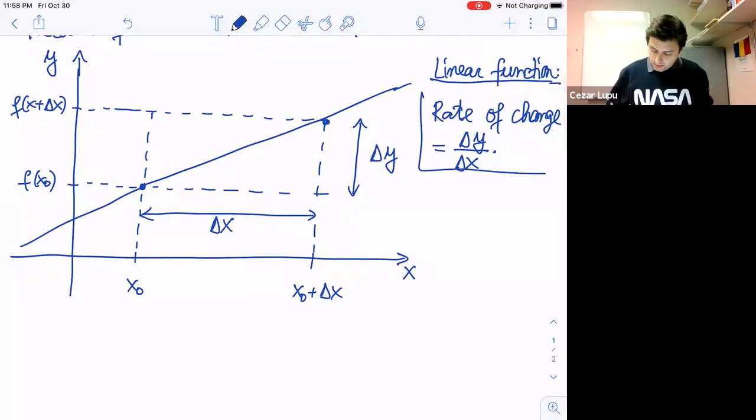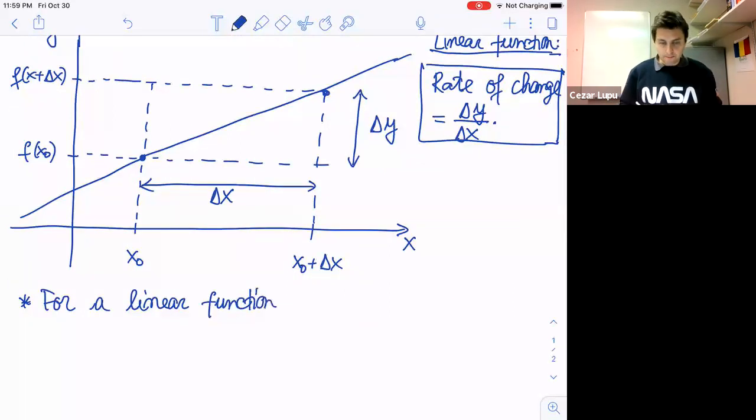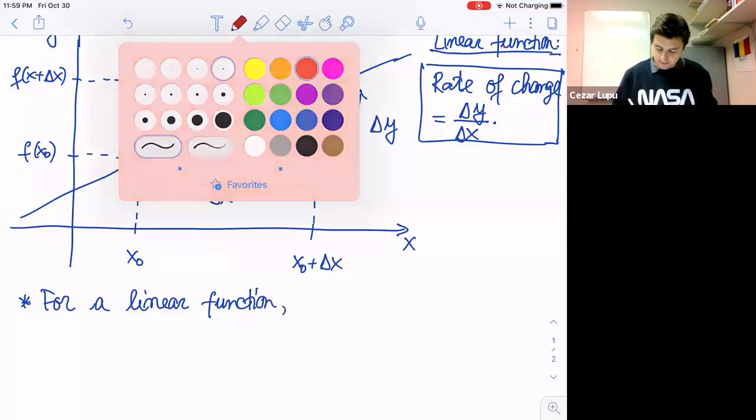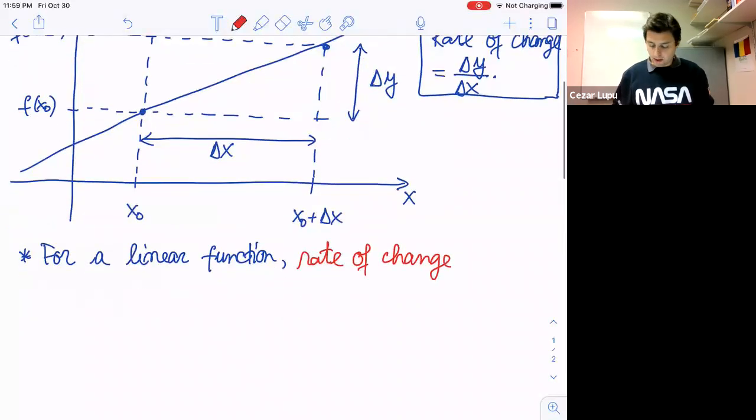So that's the rate of change. So we know this. Now keep in mind that for a linear function, the rate of change is a constant.